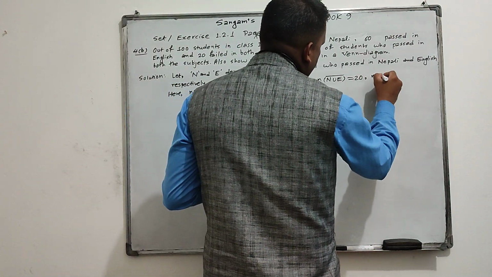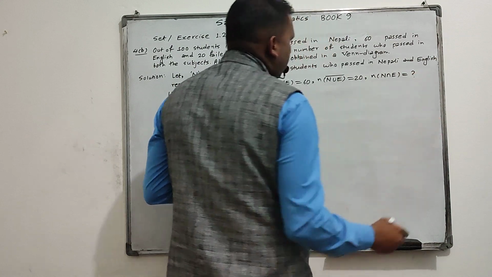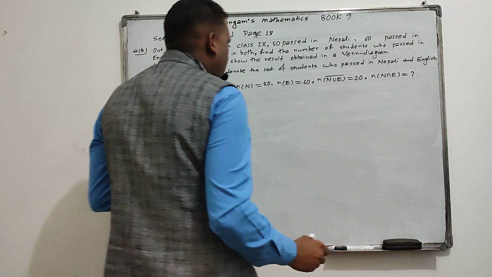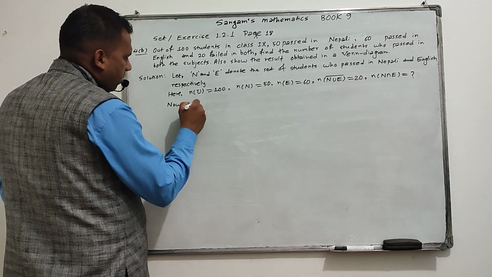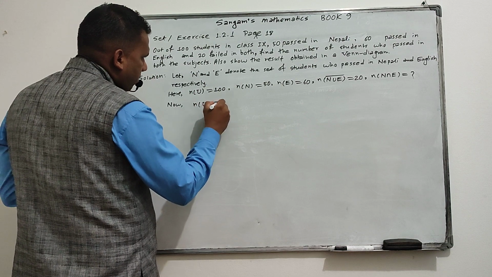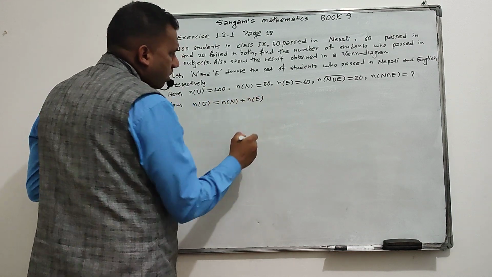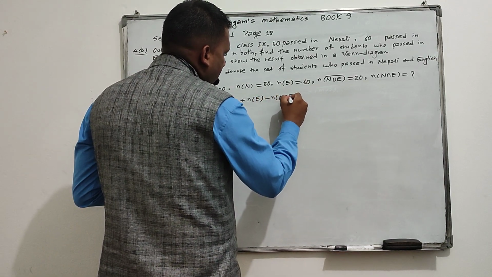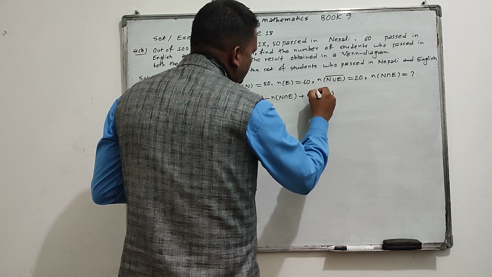That is n(N intersection E) equals question mark. Now using the formula, we know that n(U) equals n(N) plus n(E) minus n(N intersection E) plus n((N union E) complement).